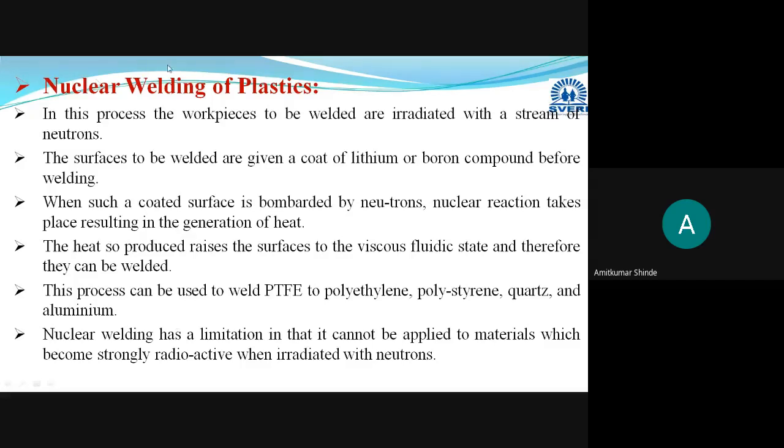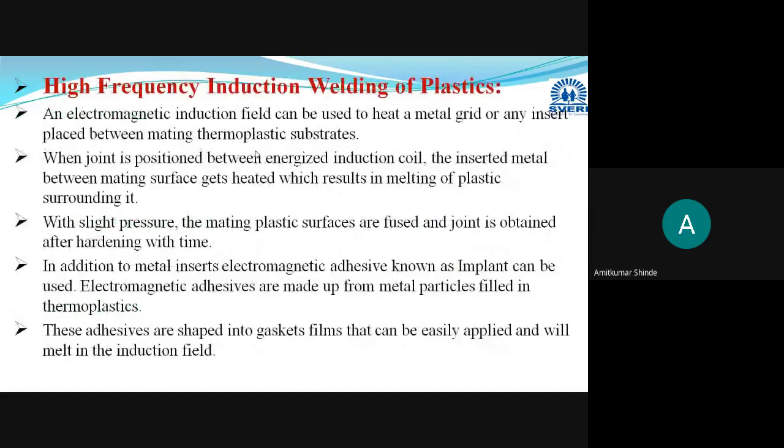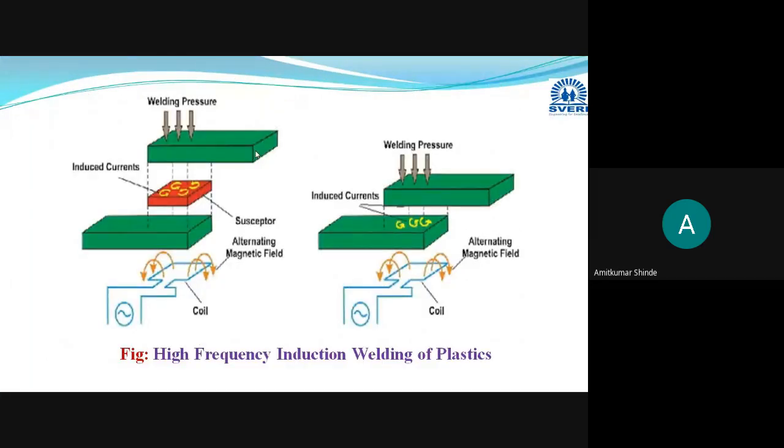Okay. In this way, we have discussed nuclear welding related to its working principle, advantages, disadvantages, and applications. In today's session, we have also discussed high frequency induction welding of plastics with its basic working principle. Here the heating source is the inductor coil through which we pass alternating current.